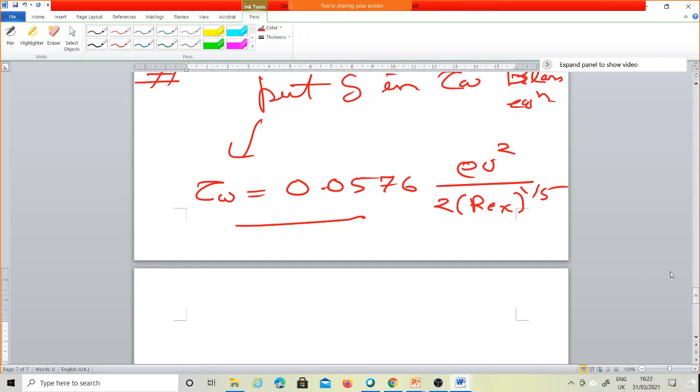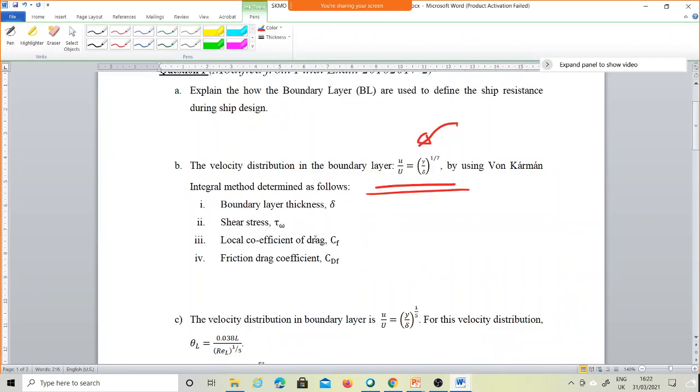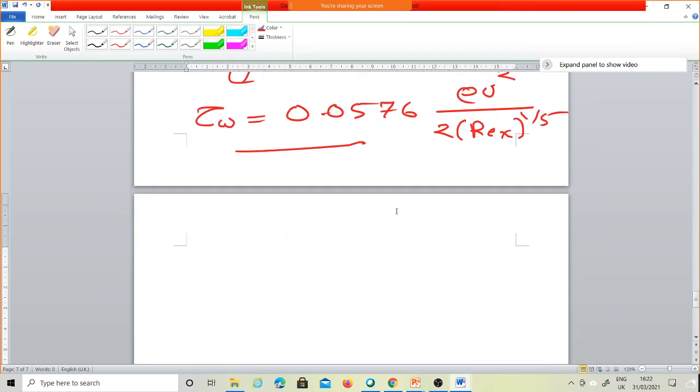The next thing is we have the local drag coefficient, and we also have the frictional drag coefficient. So again the drag coefficient, you remember that this one is related with tau, all are the same.